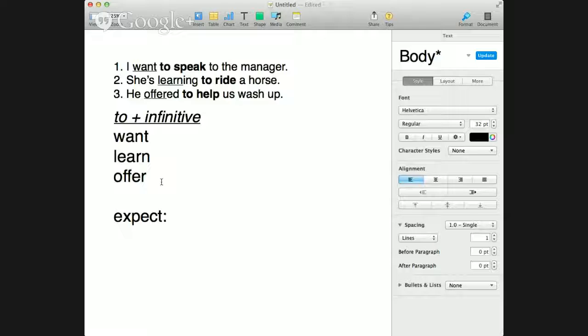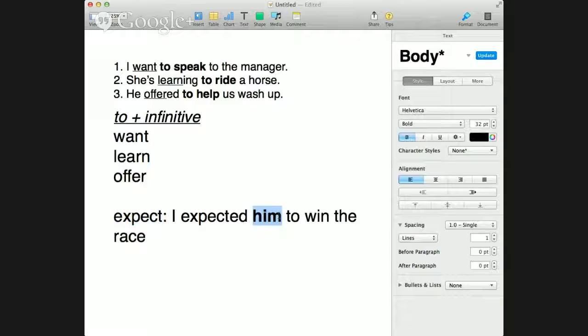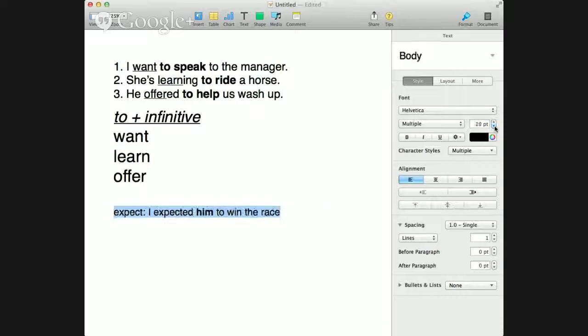So I expected him to win the race. We've got the verb expect. It needs the infinitive to follow, but it also has to have an object. An object here is him. Then we've got the infinitive, okay? I just want to point out that that's another possibility, but we're not going to look at that right now. I will make it smaller and put it down the bottom of the page.